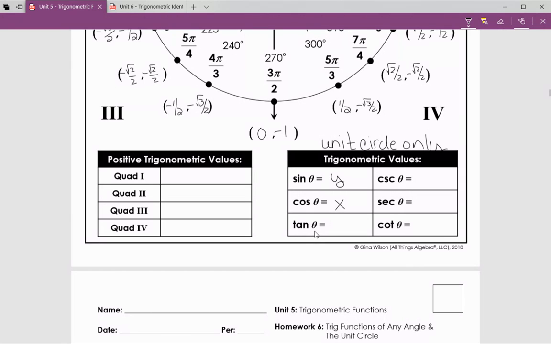The tangent, they can ask you to find tangent of any of these angles, positive or negative, but it would be the fraction y over x. But your denominator cannot be 0. If your denominator is 0, that means tangent is undefined. And that is an acceptable answer. You are going to have undefined values from time to time.